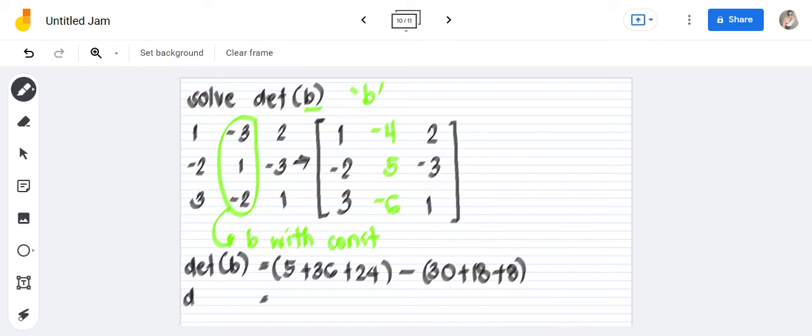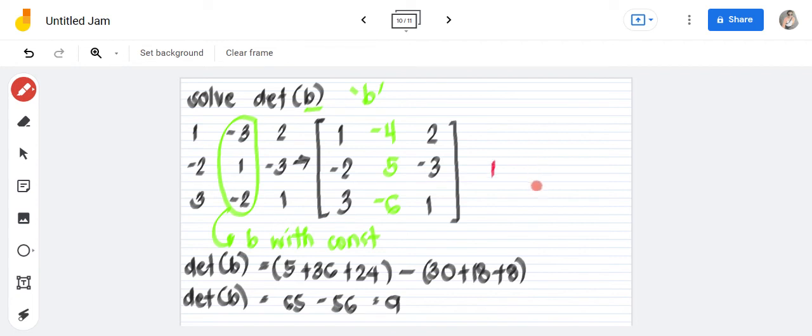This is now equal to 65 minus 56, which is equal to 9.